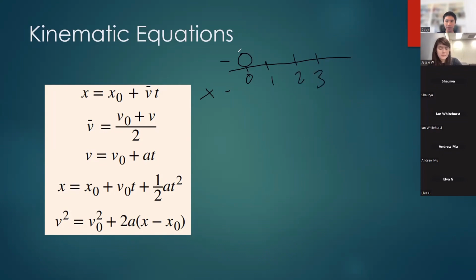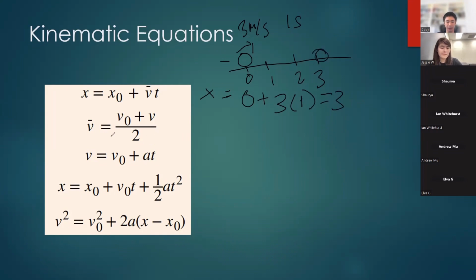We're told that it's moving at a velocity of 3 meters per second, and then it moves for 1 second. So we'd use this equation to find its final position. x is equal to x0, which is its initial position, which is 0, plus v, the velocity we're given, which is 3, times t, which is 1 second. So its final position would be at 3.